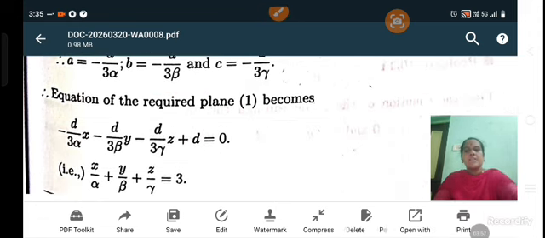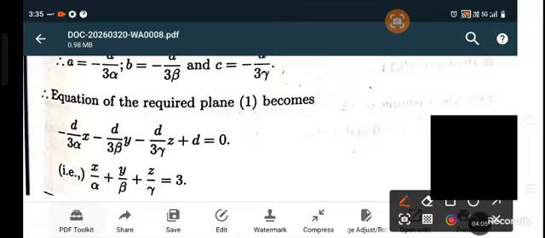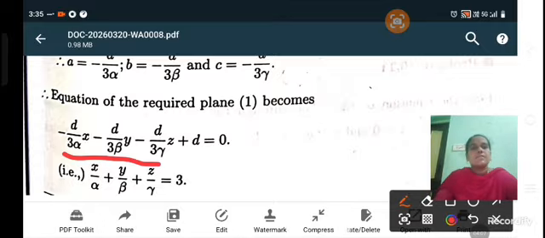That is, (-d/3alpha)x + (-d/3beta)y + (-d/3gamma)z + d is equal to 0. Dividing throughout by d.